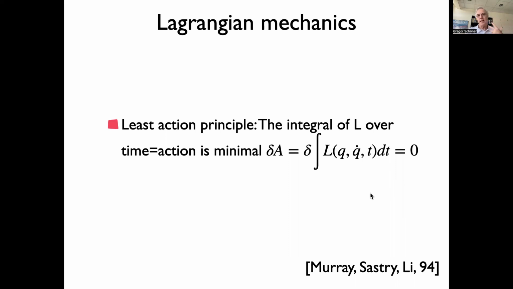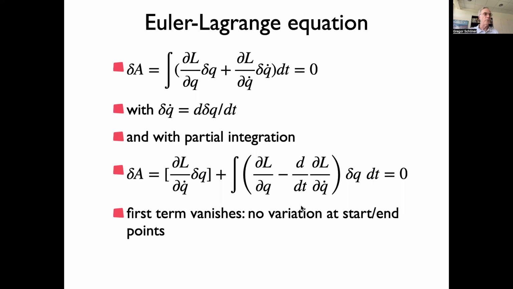So rather than just postulating Newton's law, this would be an alternative postulate, where you just claim that, and then you can derive something like Newton's law. In fact, I will derive roughly the Euler-Lagrange equation, the Lagrange equation of motion, which is the Euler-Lagrange equation of that variational problem.